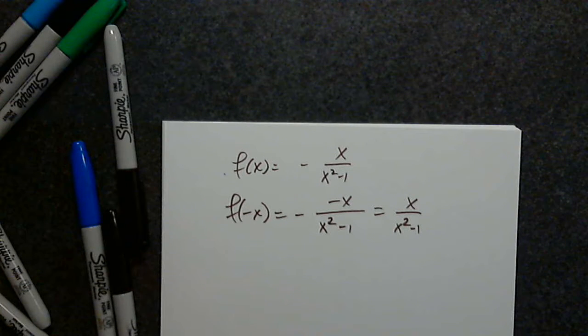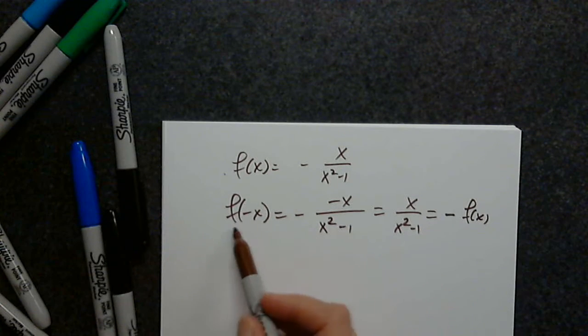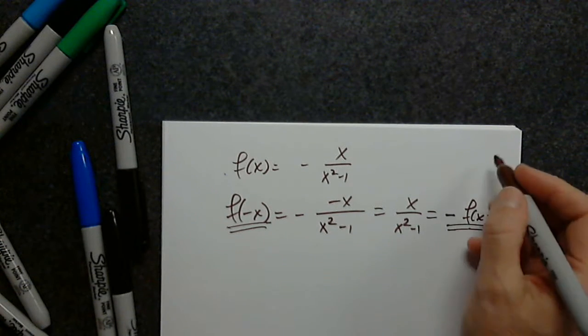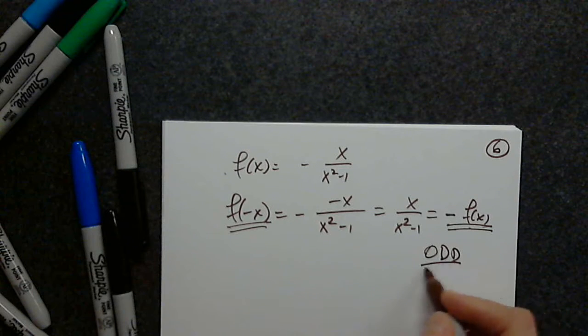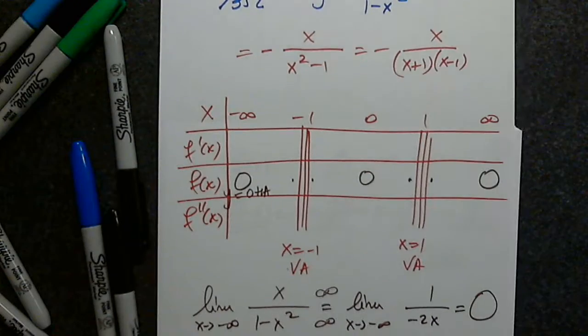So this equals the opposite of the function. When this happens, what type of function has this property, that f of negative x equals negative f of x? Odd function, very good. So whatever the graph is, it must be symmetric with respect to the origin. Excellent.